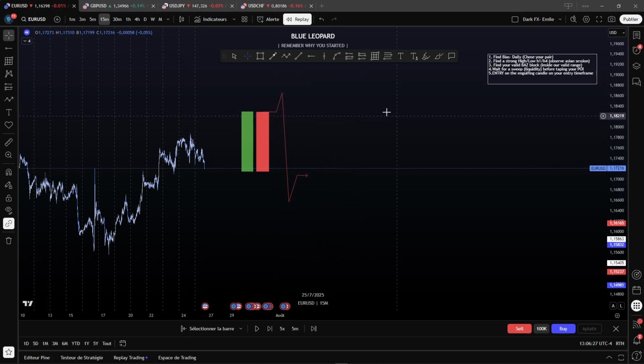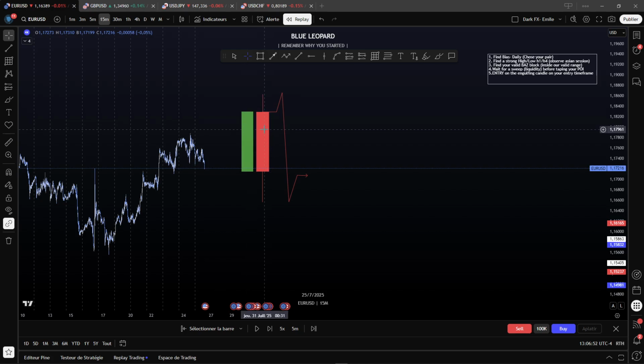And how do you know that the candle will be bullish or bearish? First of all, you don't know. You need to look at what the price will tell you. Okay, so if we consider this to be a bearish candle, this is how it is.